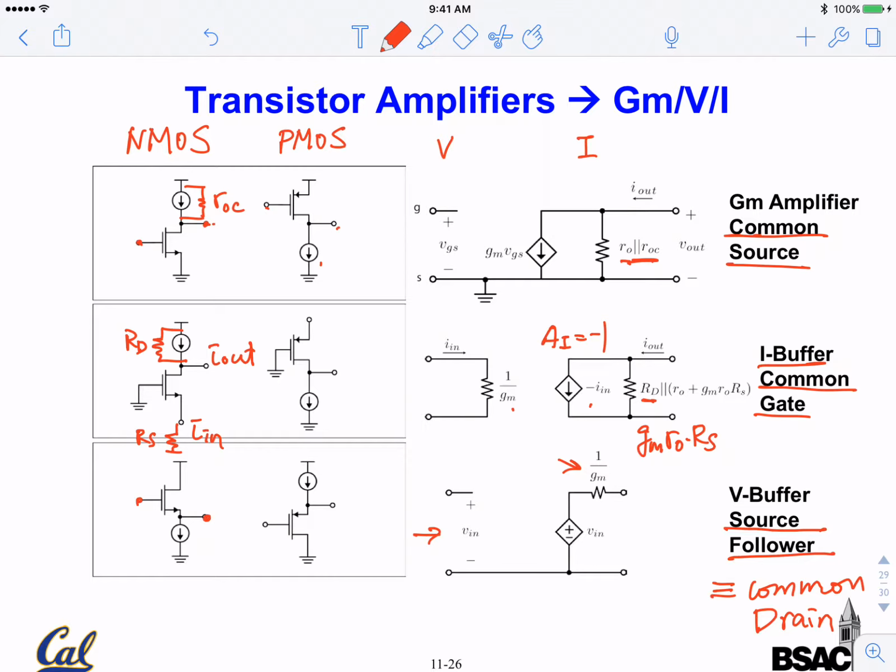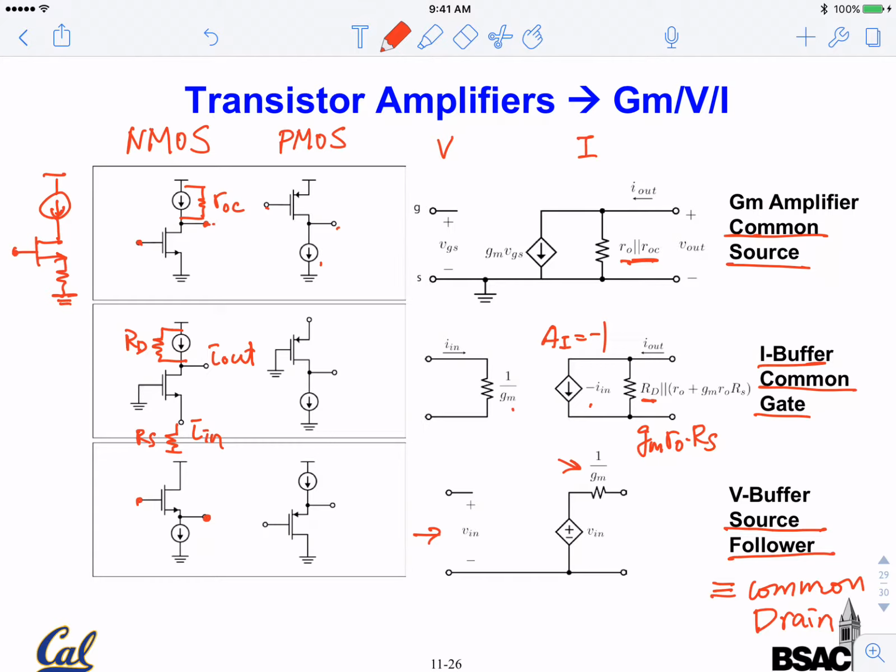So these are all the Lego blocks we have that we're going to utilize. We need all three of them. We actually need the fourth one, which is common source with degeneration. We actively use all four of them.